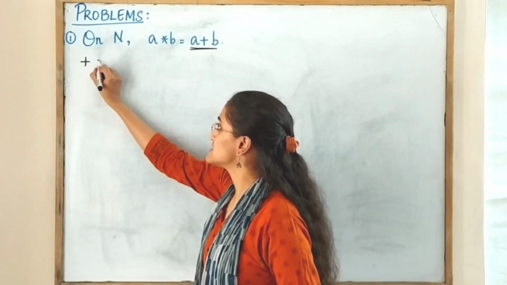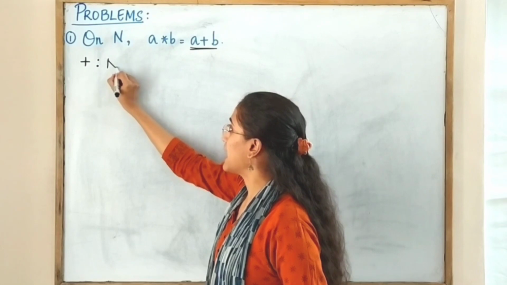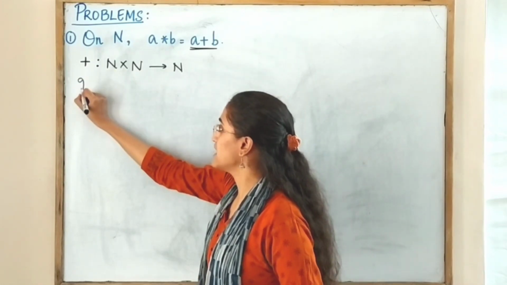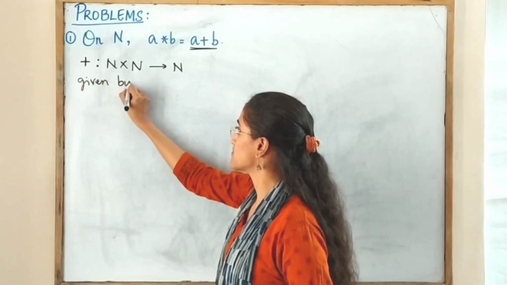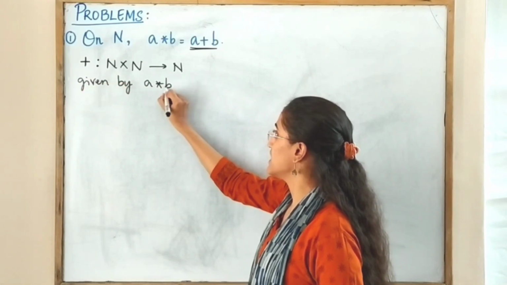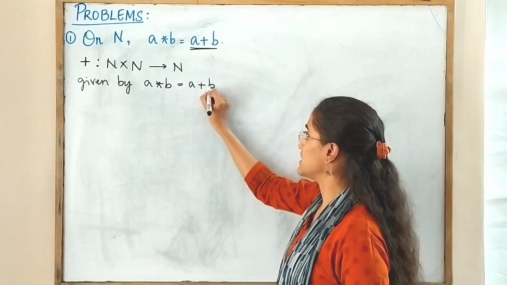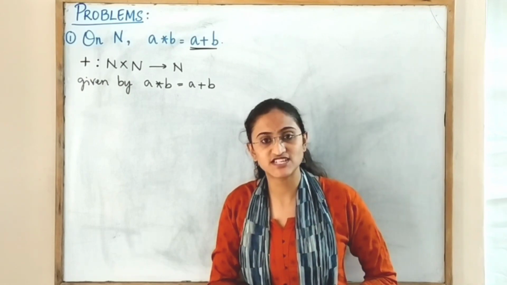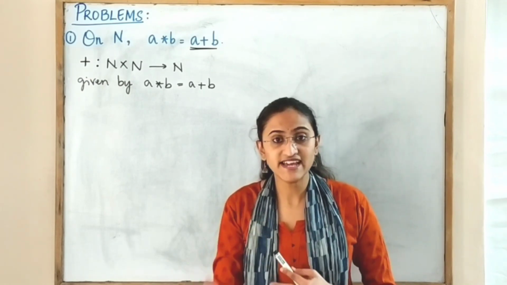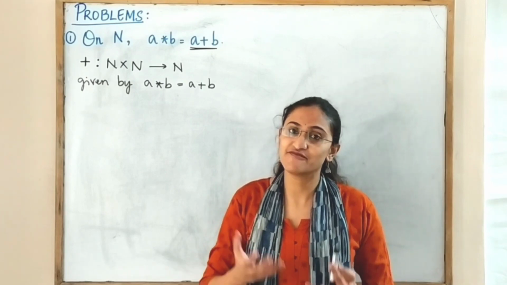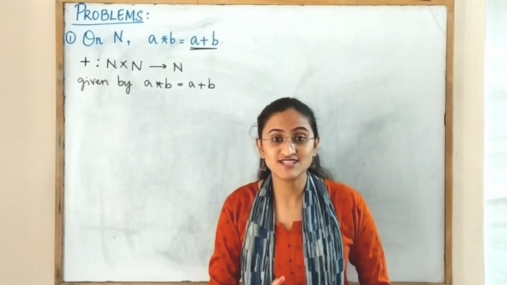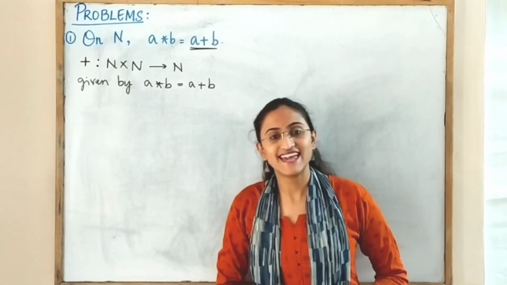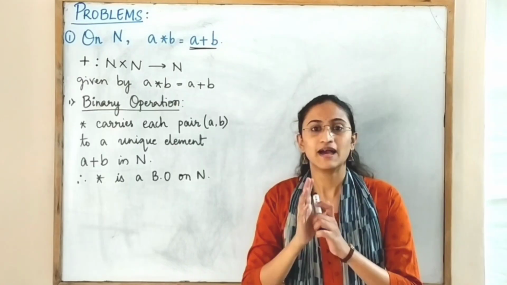Now plus is the operation from N cross N to the set N given by A star B is equal to A plus B. And you know that if you are taking any two numbers randomly from the set of all natural numbers and adding those two natural numbers, obviously we get back a natural number, and hence you can conclude that the operation plus, that is A plus B, is a binary operation.